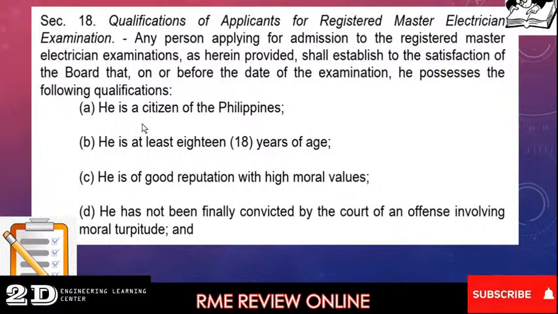So dapat una, siya ay isang Pilipino, at least 18 years of age during the exam. So dapat good, he has a good reputation with high moral values, and hindi pa na-convict sa kahit anumang kaso. The final conviction to any case in court. Okay?